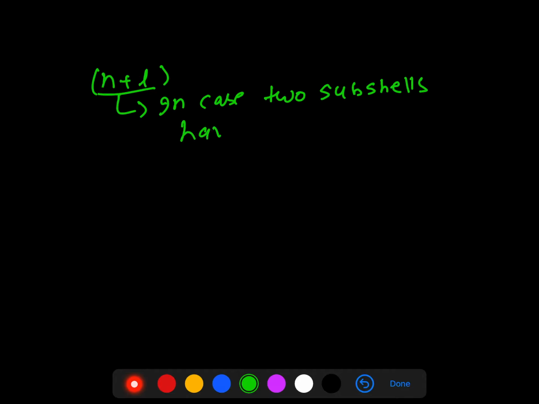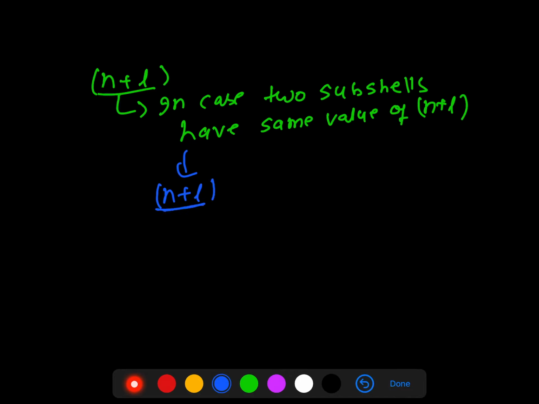Fine. In many cases, you will find that two subshells have the same value of n plus l, right? In case two subshells have the same value of n plus l, how will you decide the energy?